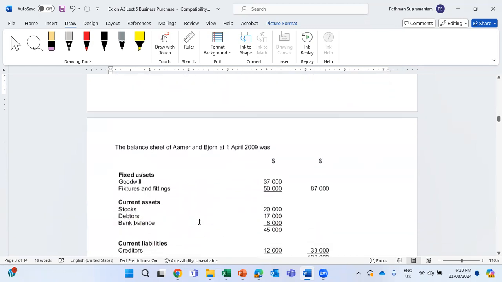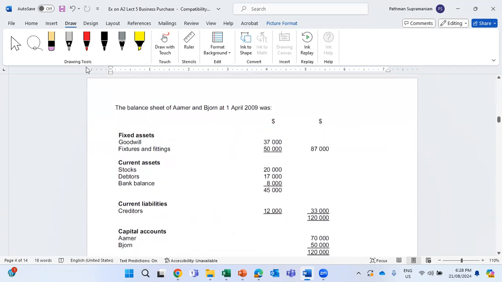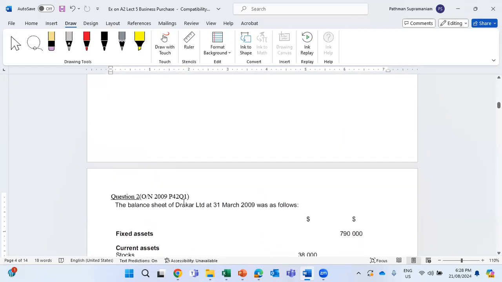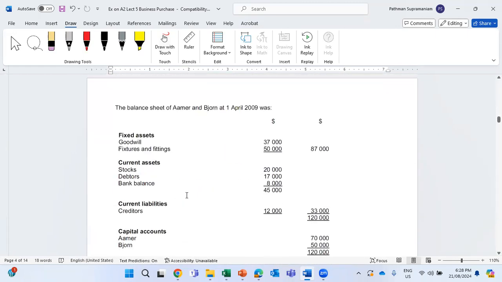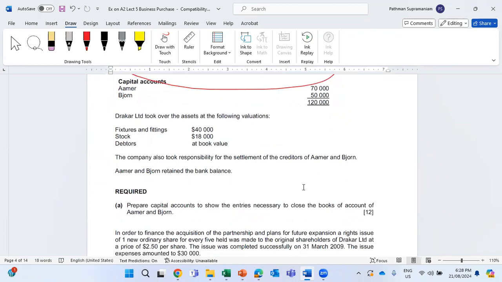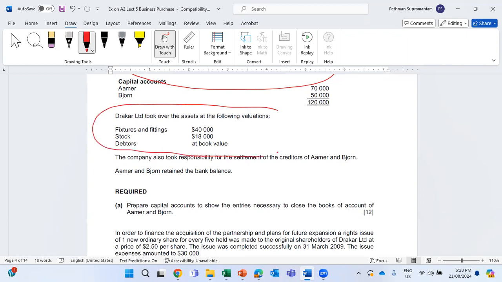Okay, so this section was the SOFP of the buyer. This section is the original SOFP of the sellers. Okay, and then this is the part where the question tells you what is taken over.